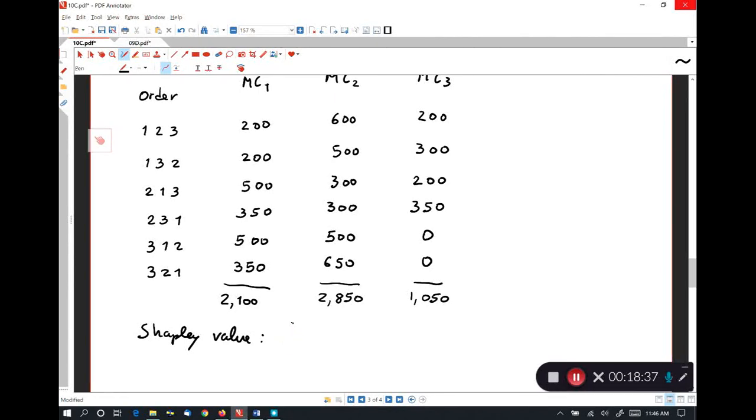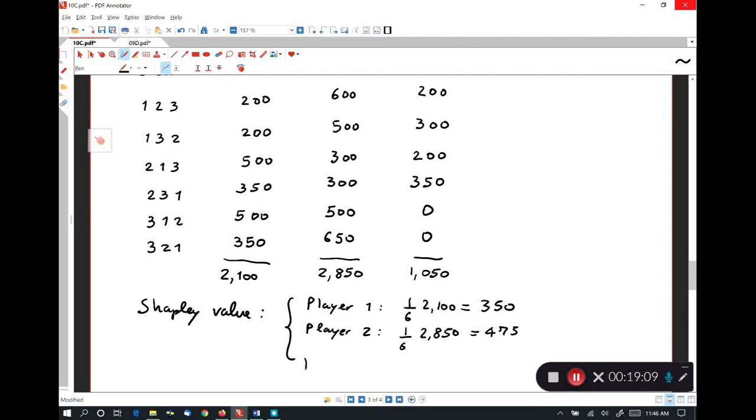For player 1, it is 1/6 of 2,100, which is 350. For player 2, it is 1/6 of 2,850, which is 475. And for player 3, it is 1/6 of 1,050, which is equal to 175.